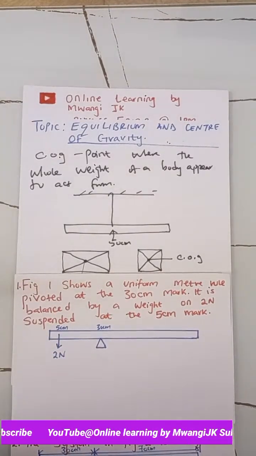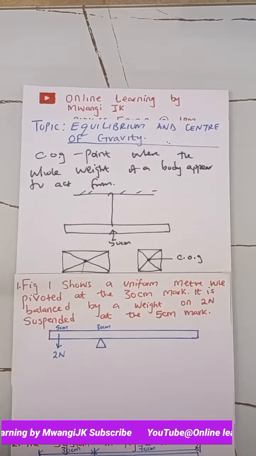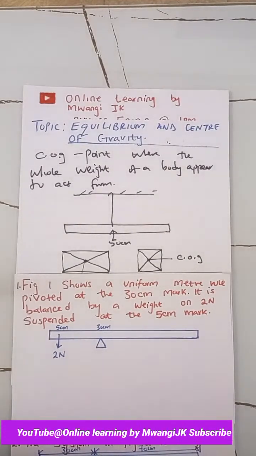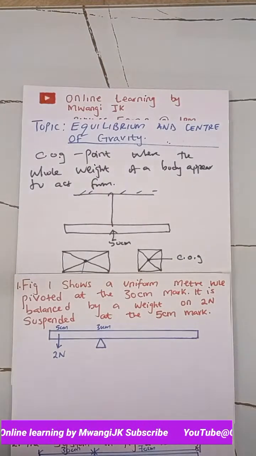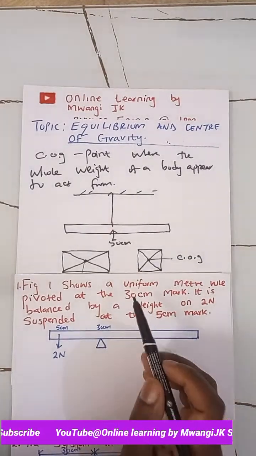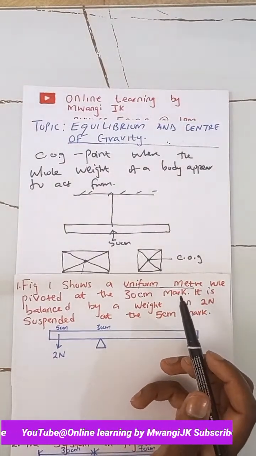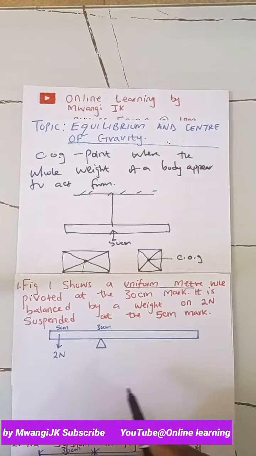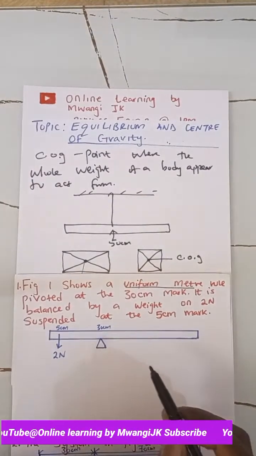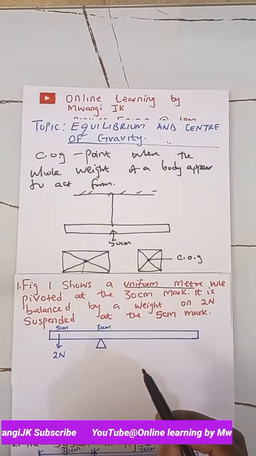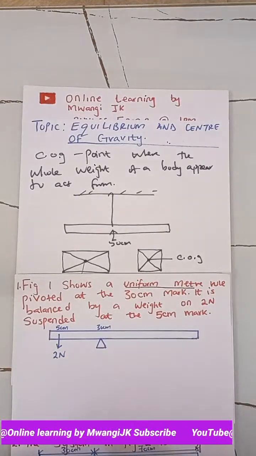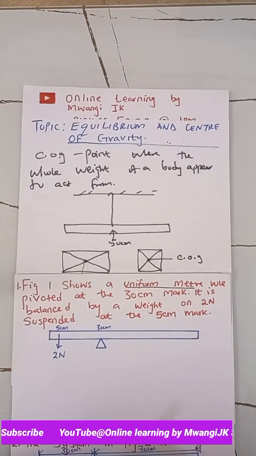So in this question here, the figure 1 shows a uniform meter rule pivoted at the 30 centimeter mark. It is balanced by a weight of 2 Newton suspended at the 5 centimeter mark. So one thing we've been told, it is a meter rule, so its length is 100 centimeters, or 1 meter.